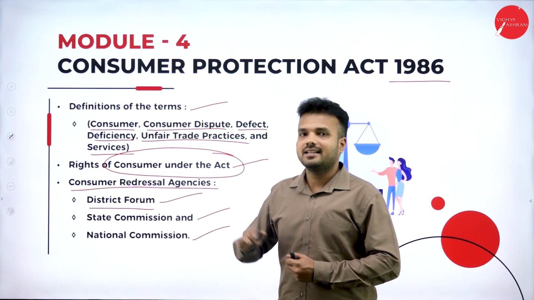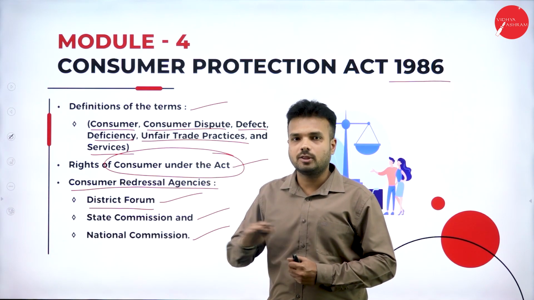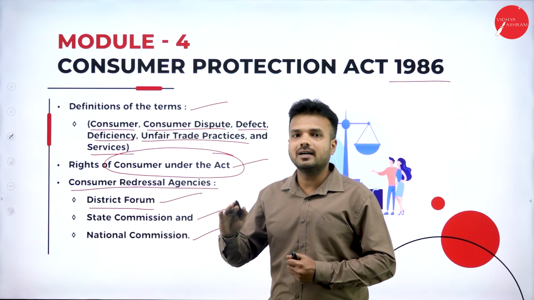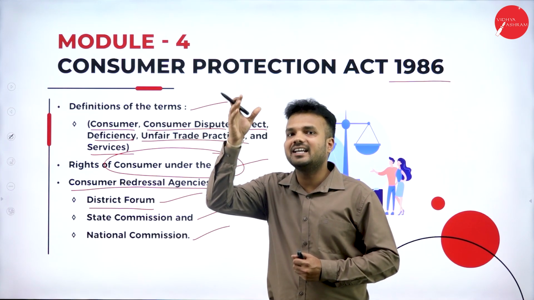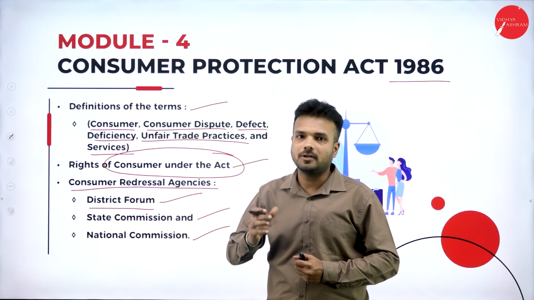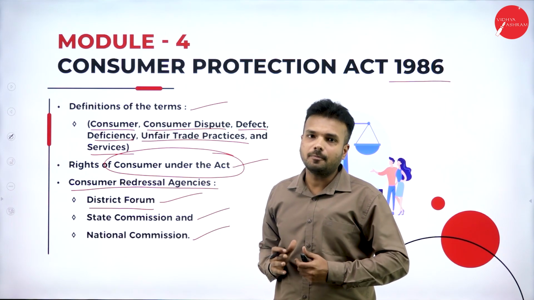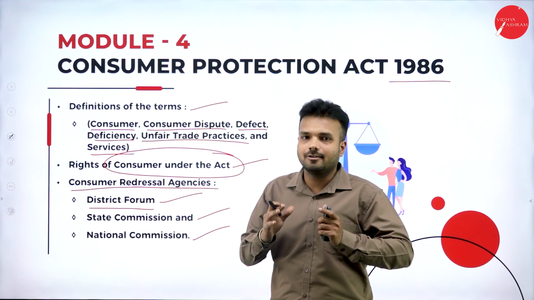Feature number 1, this Consumer Protection Act does not protect every consumer, hence it is going to protect the consumer who is listed under the definition of the Consumer Protection Act 1986. Right? So, according to the Consumer Protection Act, who is a consumer?